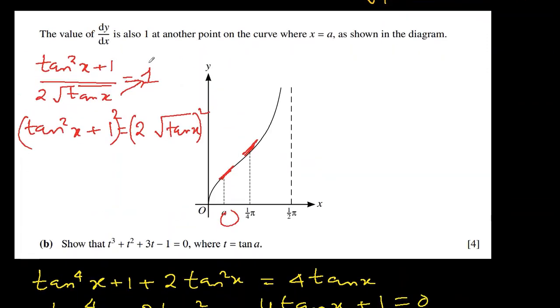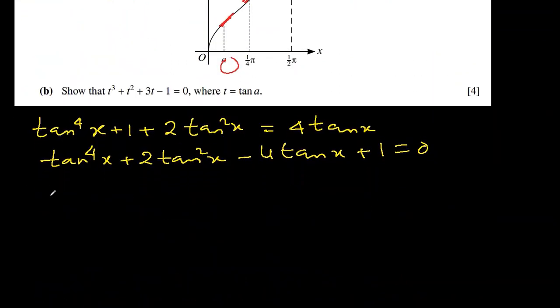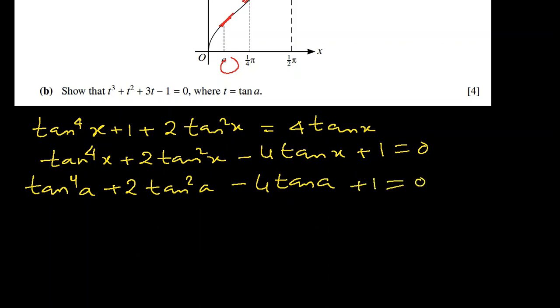If you remember here, we equated it to 1. So that's why this equation will be true for a also. So let's do it. Tan 4a plus 2 tan square a minus 4 tan a plus 1 equal to 0, which we can write as 2t4 plus 2t square minus 4t plus 1 equal to 0.